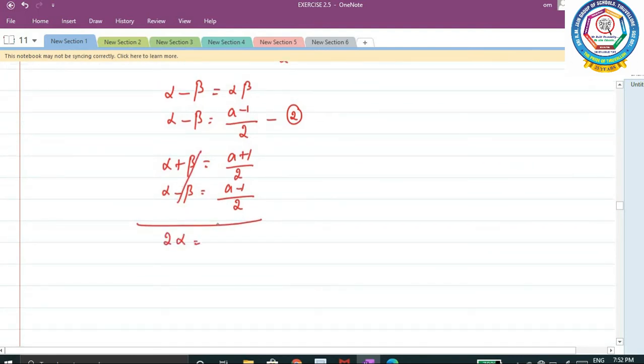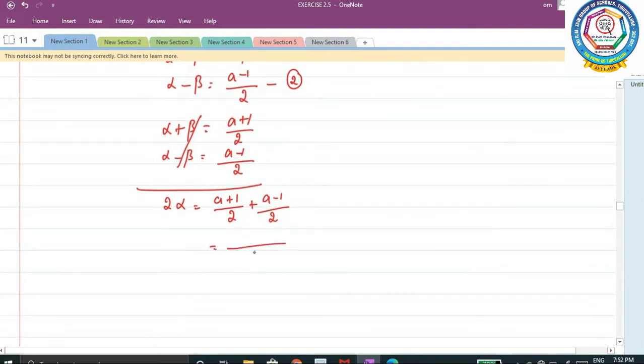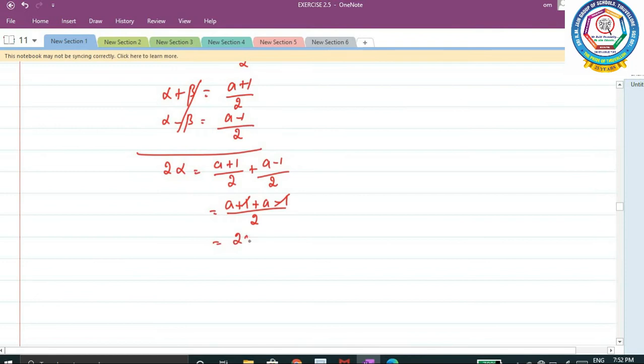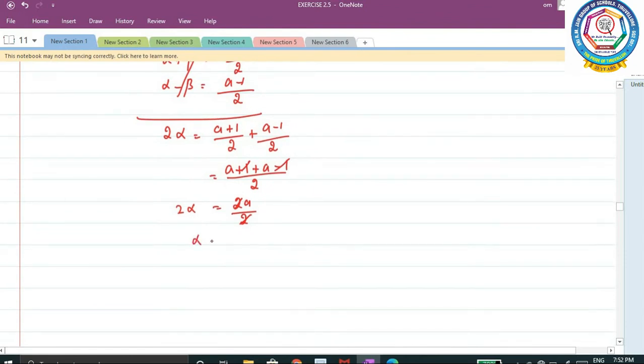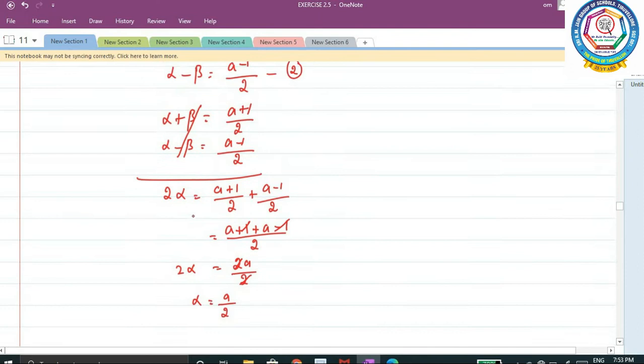So 2 alpha is equal to (a plus 1) by 2 plus (a minus 1) by 2. This is equal to, if 2 is common, (a plus 1 plus a minus 1) by 2. Minus 1 plus 1 will cancel, 2a by 2. Here 2 also will cancel. So 2 alpha is equal to a. Therefore alpha is equal to a by 2. From this we have to find beta.